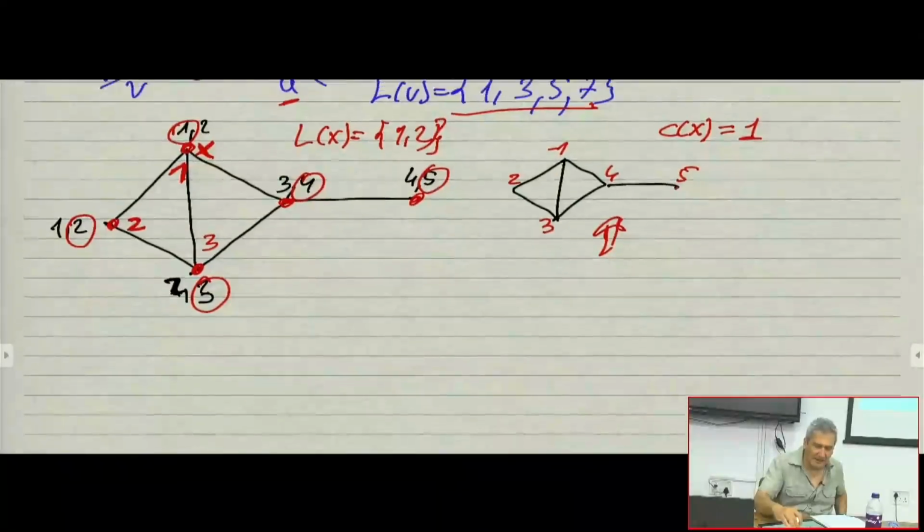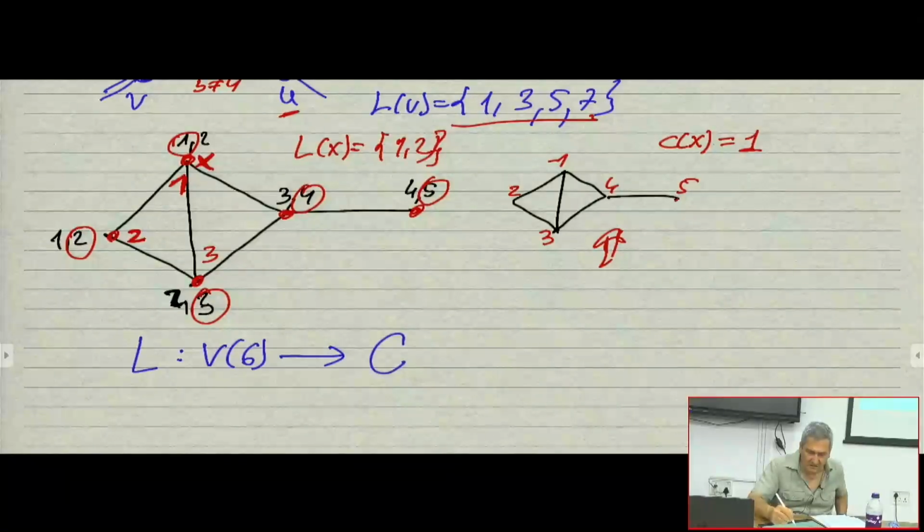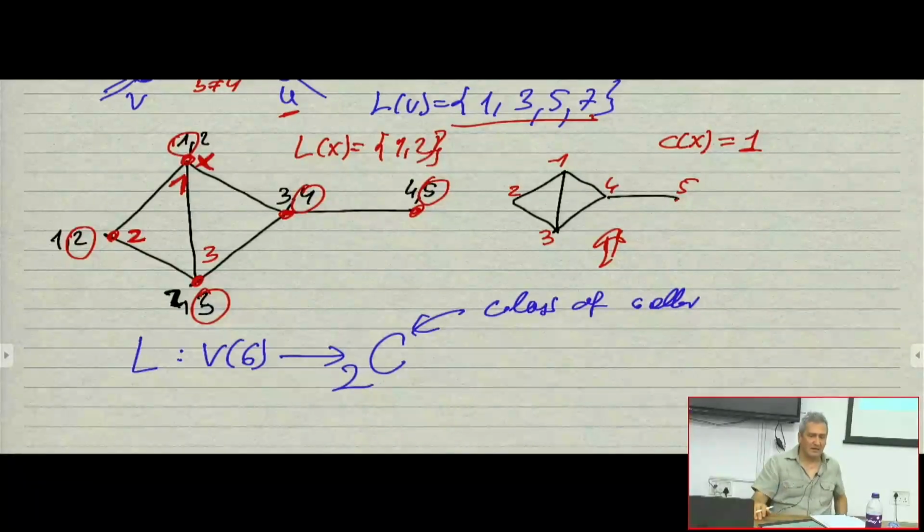Okay, now this list function L is nothing but a class of colors, like sets from all the colors.